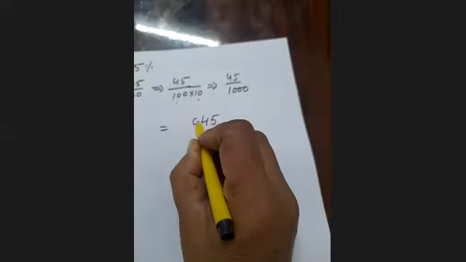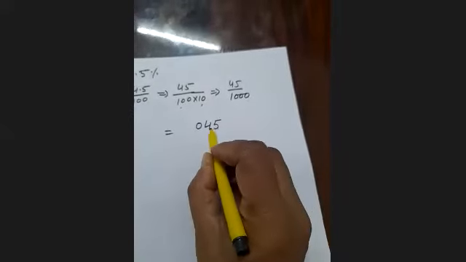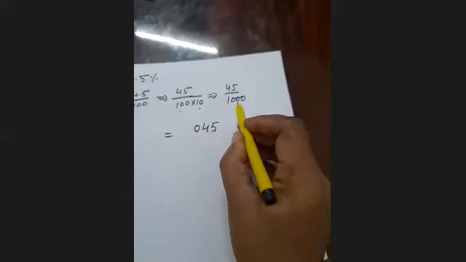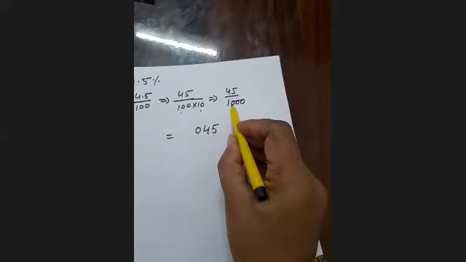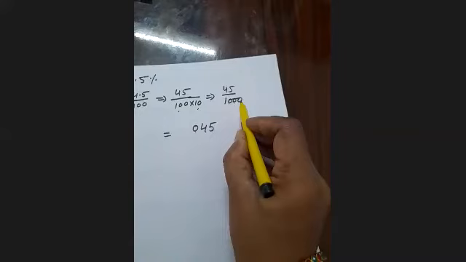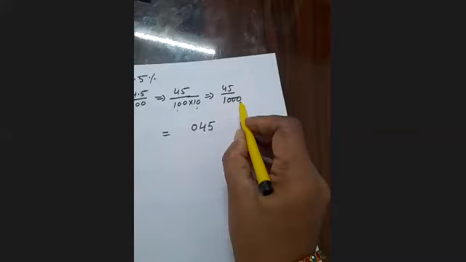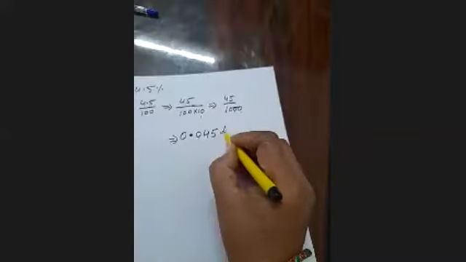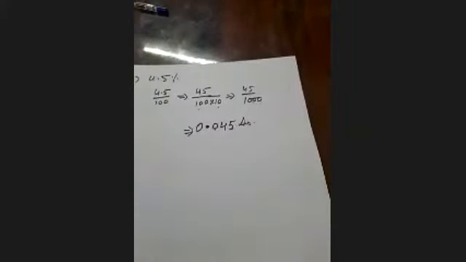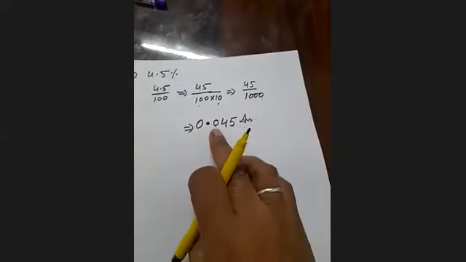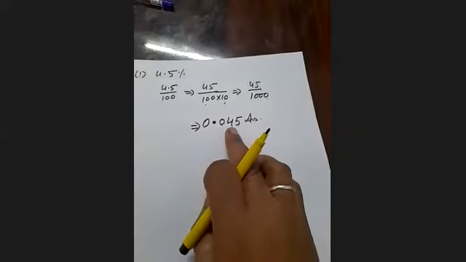Now 1, 2, 3. Now put your point. Write 0. So students, our answer is 0.045.